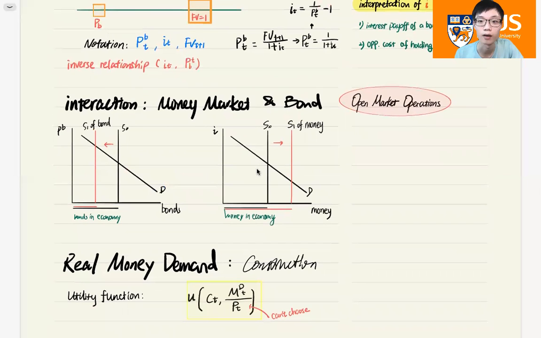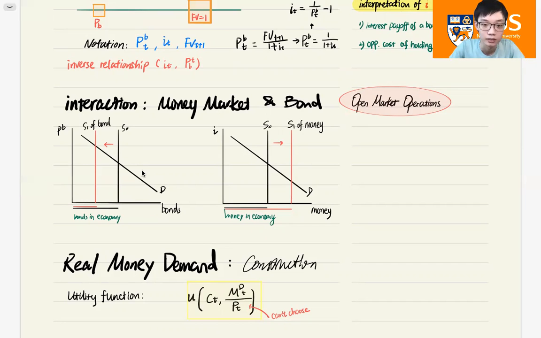This is open market operations. Usually the Federal Reserve will announce their interest rate cut, and then they will conduct open market operations, whether they buy bonds or sell bonds, and then they are able to lower or increase the interest rate to their desired level.